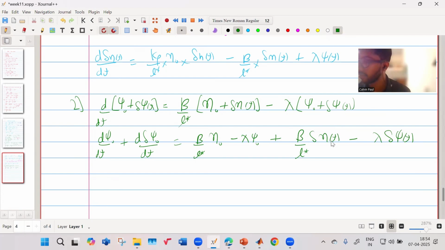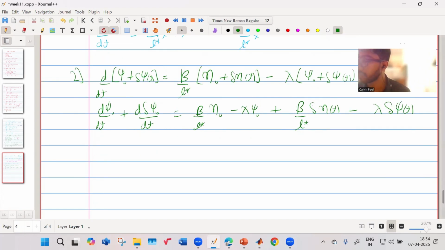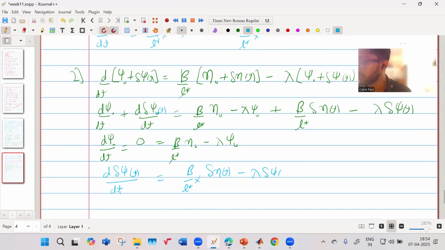So we equate the steady state and perturbed quantities. We get d phi naught upon dt is equal to 0, which is beta upon L star eta naught minus lambda into phi naught, and d delta phi of t upon dt is equal to beta upon L star into delta eta of t minus lambda into delta phi of t.